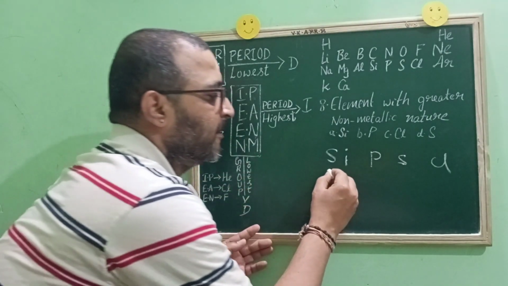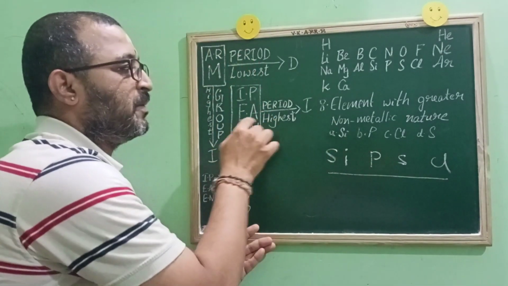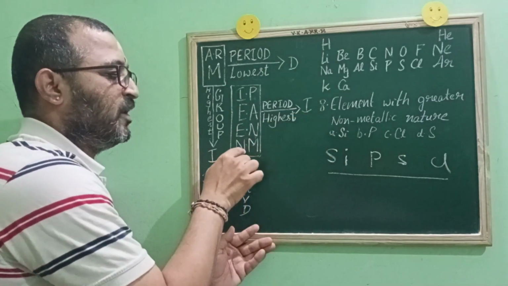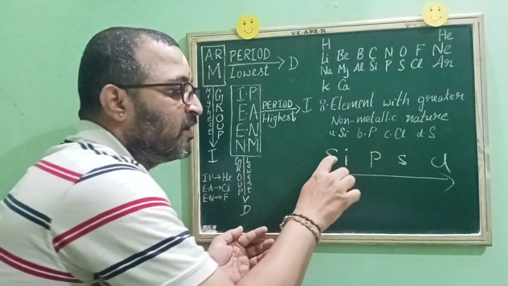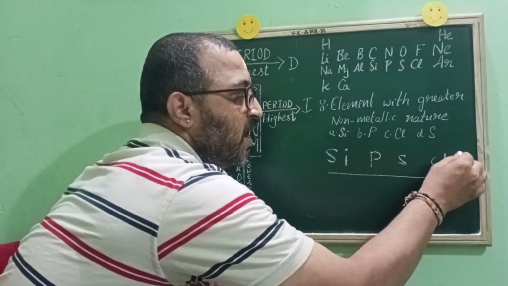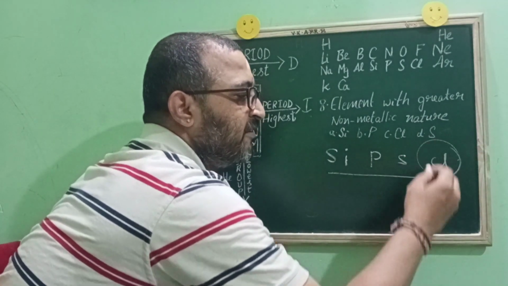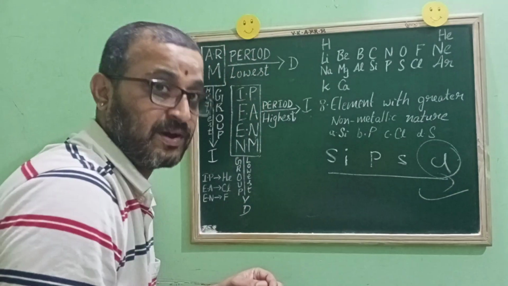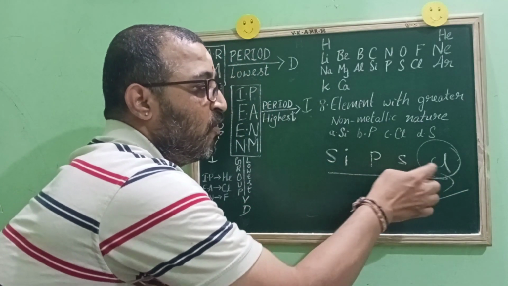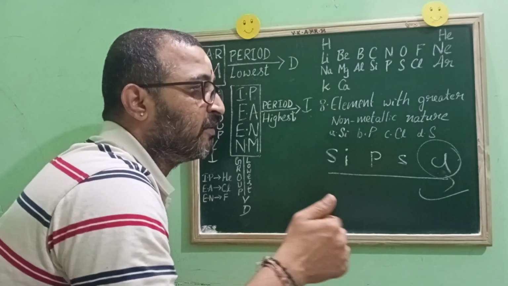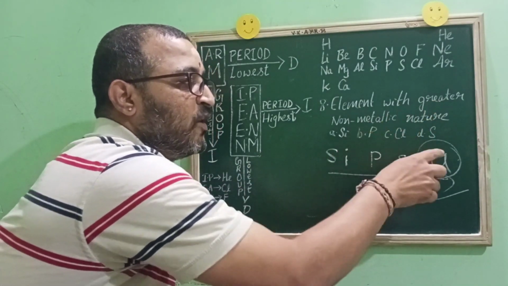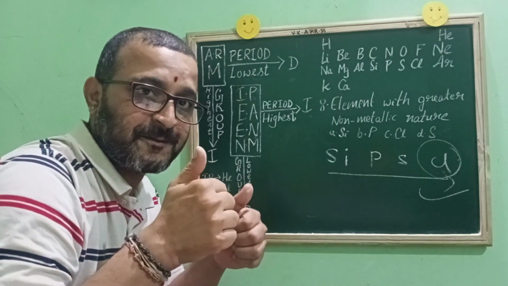That is, when you go across the period, the non-metallic nature is going to what? Increase, right? So out of these 4, the one which has a greater non-metallic nature is chlorine. And one more thing, out of these 4, the smallest atom is chlorine. So that's why it has a greater non-metallic nature.